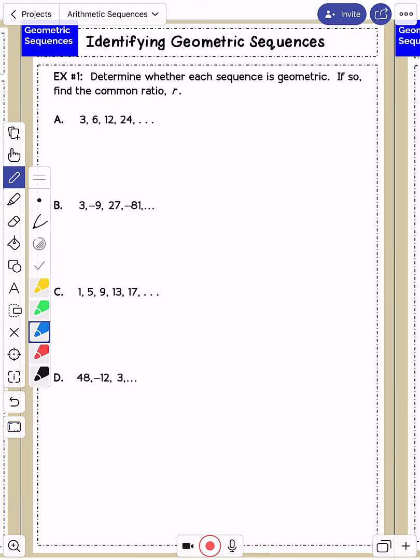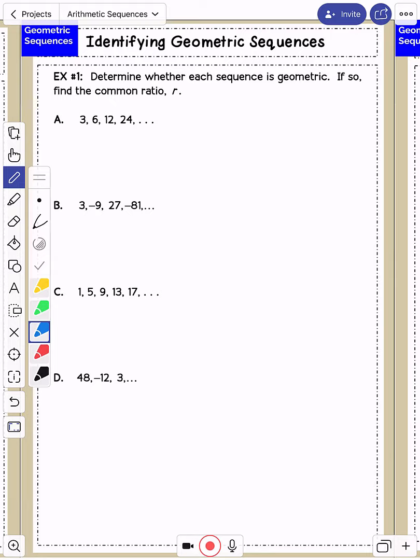I'm doing the multiplying in my head, but you can take any two successive numbers and divide them. So to find the multiplying factor, you can do 6 divided by 3, 12 divided by 6, or 24 divided by 12. And each time you're going to get the correct number, so you get 2. So therefore, r equals 2.